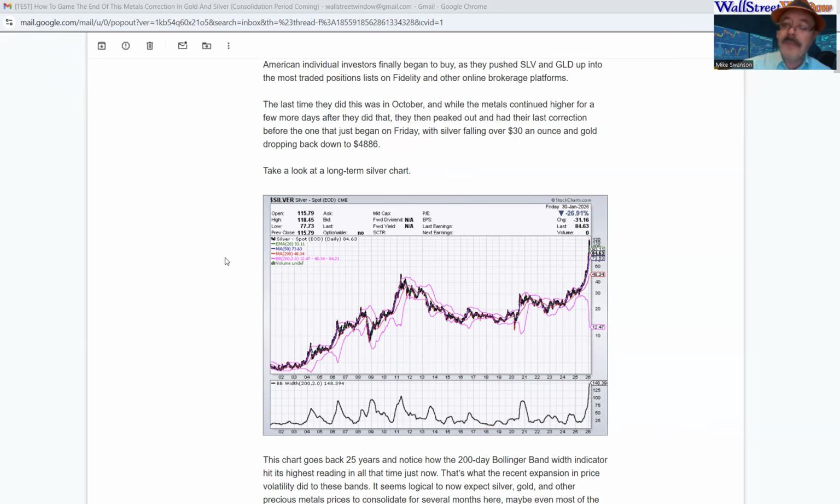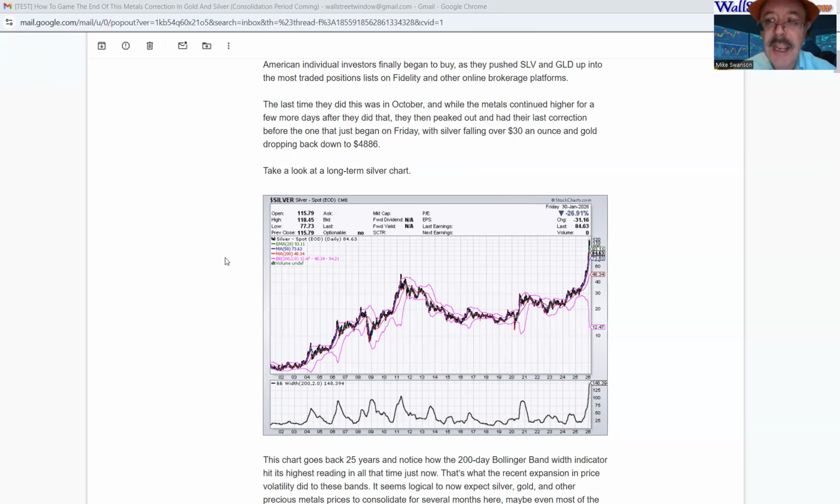And this is why in 2024, I was doing videos pounding this in before silver broke through $26 an ounce. The breakout happened, but now look at the bands. Now the bands are wider than they had been in decades. This chart goes back to 2001, and the bands now are wider than they'd ever been on this chart.